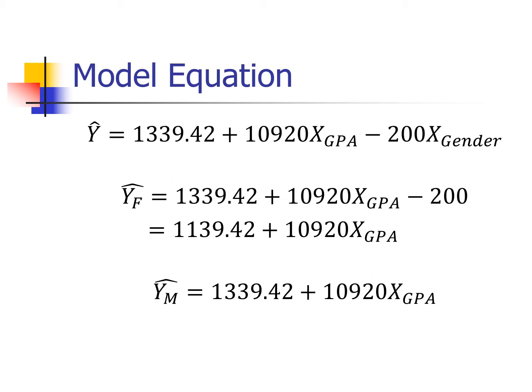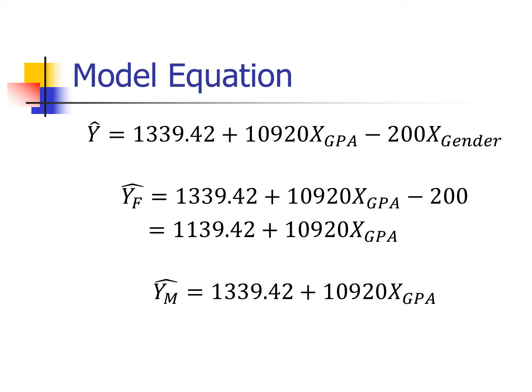And the male equation, if you're a male, the gender variable is 0. So that third piece just zeroes out. It goes away, and we're just left with that equation.